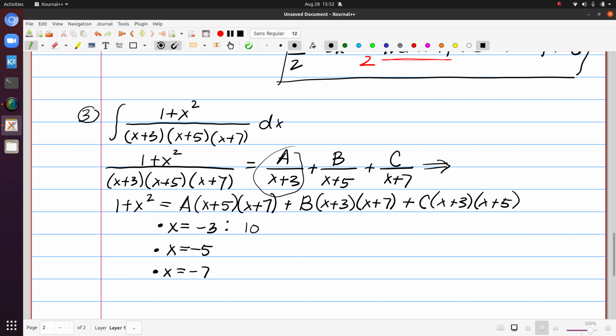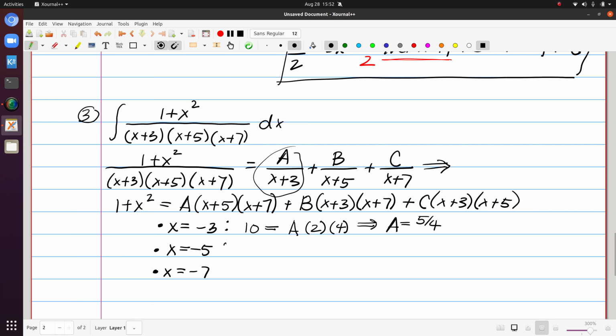What's significant about this is both B and C are multiplied by x plus 3, so when you plug in x equals minus 3, that's going to wipe out both of those terms. It really allows me to focus on just the unknown A. Plugging in minus 3, we have A times 2 times 4. So with that, I have 8A equals 10, or A equals 5/4.